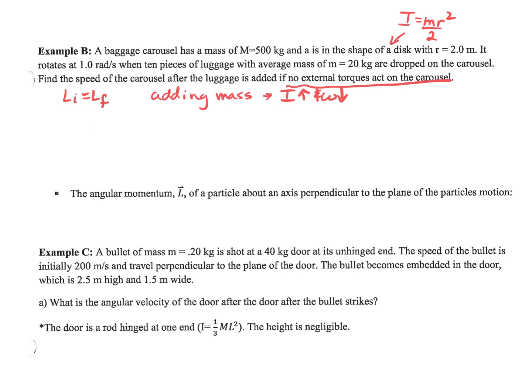Okay? So the first thing we need to do is figure out what I is for the total thing. So inertia total is going to be the inertia of the carousel plus the inertia of the luggage.